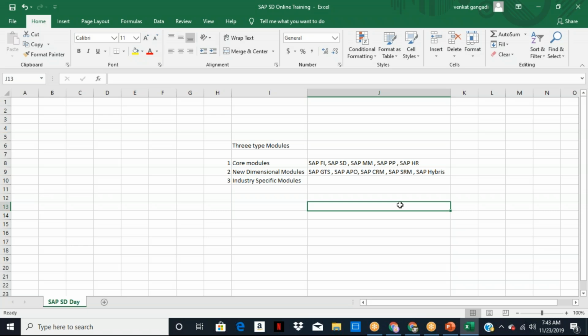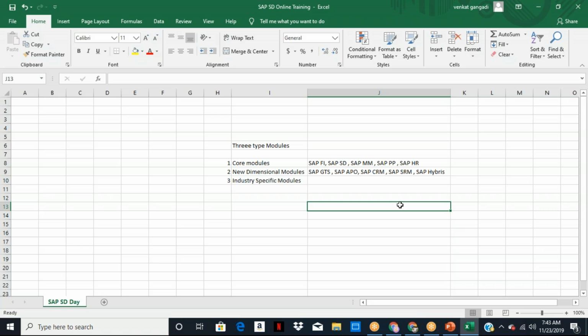In a similar way, if you look at SAP SD, at any point of time, when you create an order, I am not sure whether you can understand this at this moment, but try to understand.